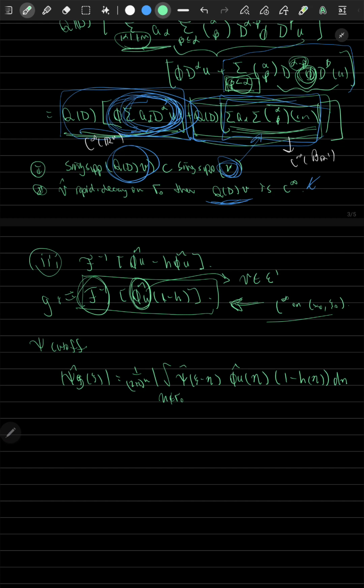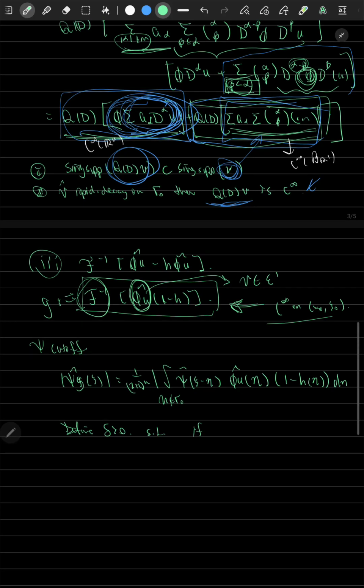And notice that we can now define delta greater than 0 such that if xi is in gamma 1 and eta is not in gamma 0, then the norm of xi minus eta is greater than or equal to c times the norm of xi.